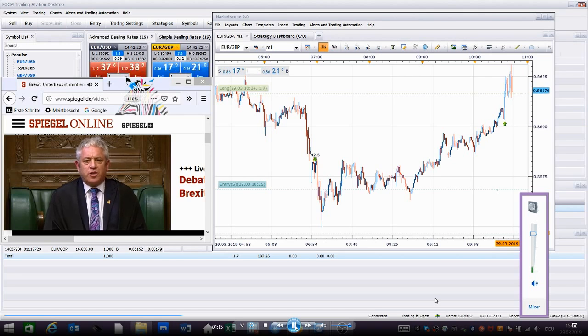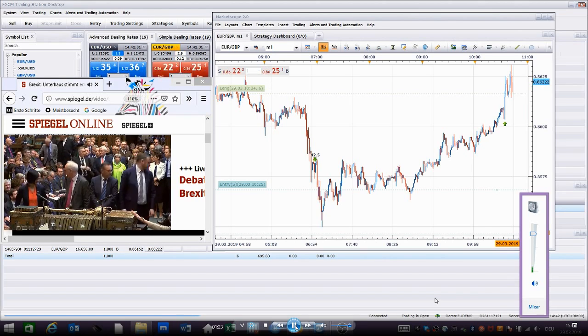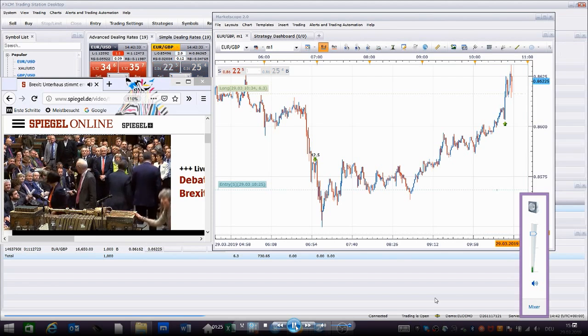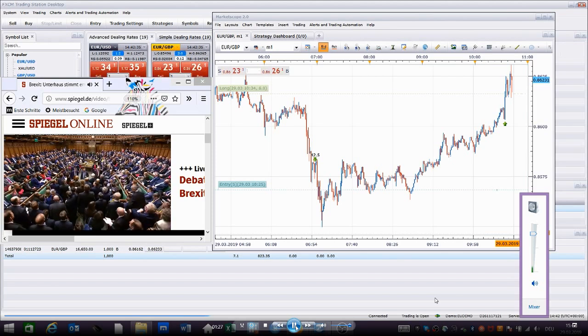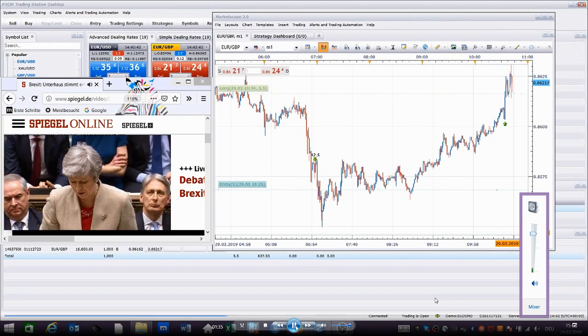The noes to the left, 344. So the noes have it, the noes have it. Unlock! Point of order, the Prime Minister. Point of order, Mr. Speaker. Mr. Speaker, I think it should be a matter of profound regret to every member of this House that once again we have been unable to support leaving the European Union in an orderly fashion.